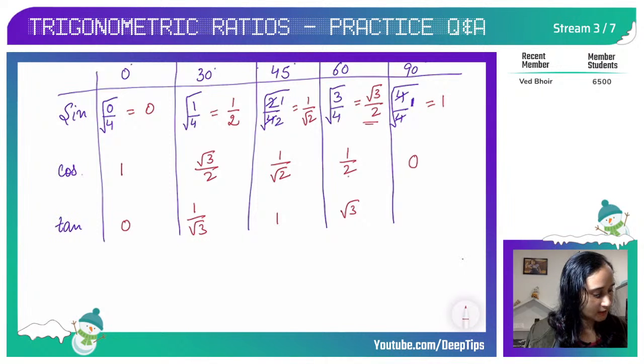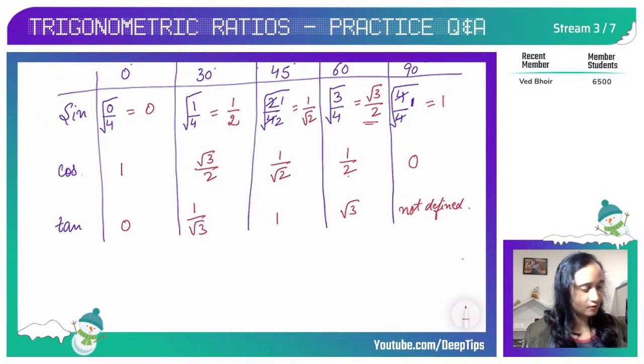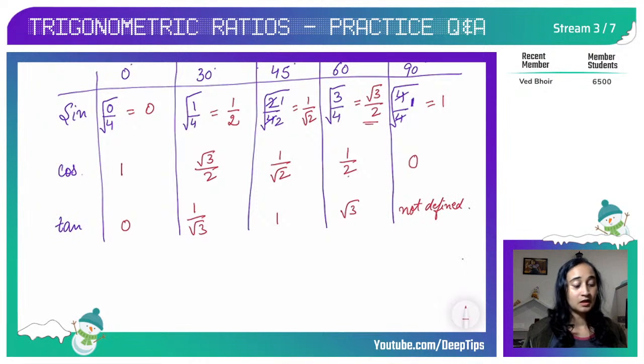And tan 90 is not defined because 1 by 0 cannot be defined. So this is the trick to learn the trigonometric table. I am hoping that in the next two questions you will tell me the values for trigonometric ratios just in seconds.